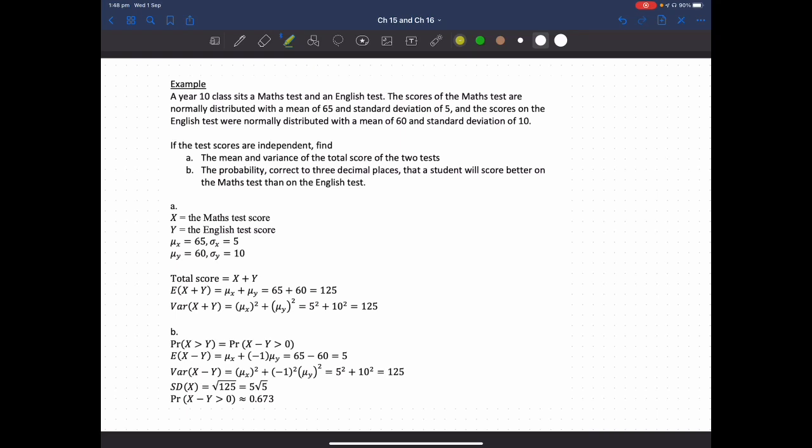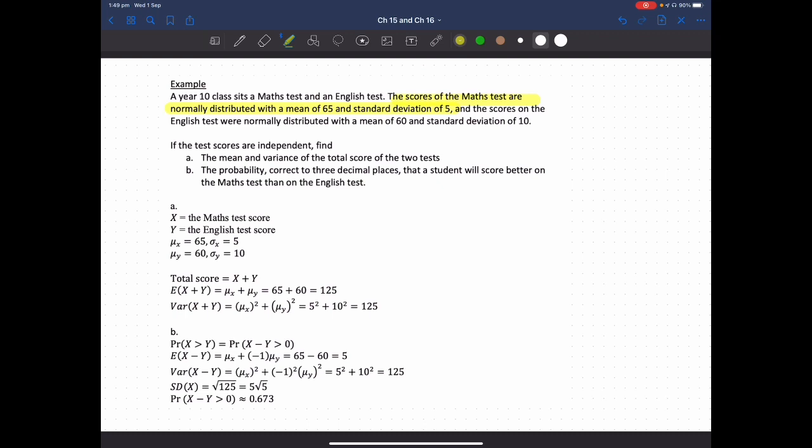In this example, we're told a Year 10 class sits a maths test and an English test. So we've got two things occurring here, a maths test and an English test. The scores of the maths test are normally distributed with a mean of 65 and a standard deviation of 5.